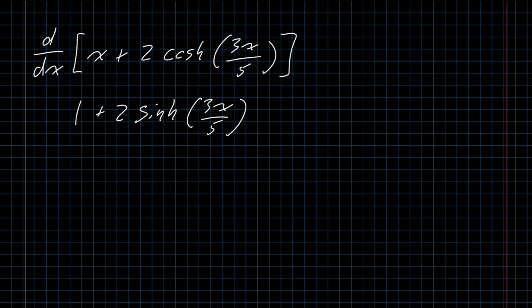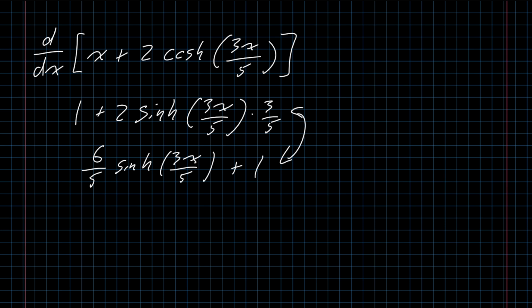Same argument, but then multiply by the derivative of the argument. The derivative of 3x over 5 is 3/5. I would probably from here clean up a little bit and call this 6/5 sinh of 3x over 5 plus 1, but technically speaking, either of these is the derivative, and it's a matter of preference and what's going to be useful in the future from there.